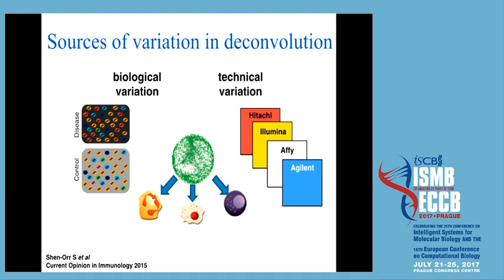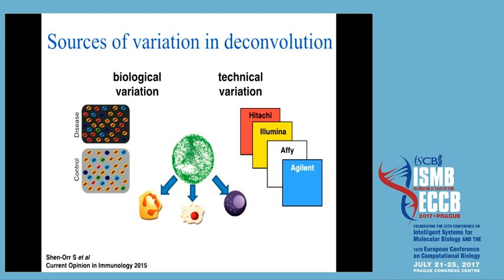On one end, you have biological variation. You're looking at samples that have different diseases, and you compare them with healthy controls. But on the other end, there's also a lot of technical heterogeneity. In GEO, you can find microarrays from over 42 different platforms, and there's a growing body of RNA-seq data that gets injected into the database almost daily.